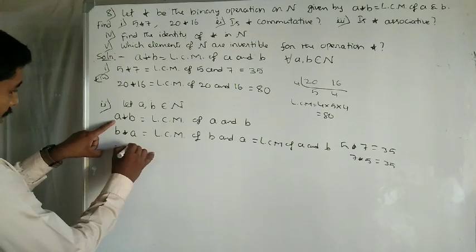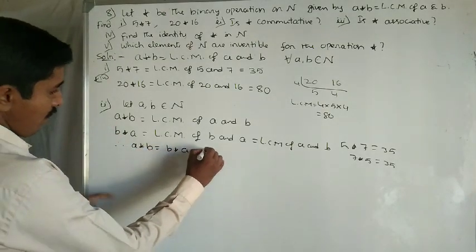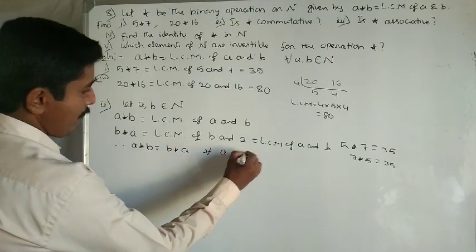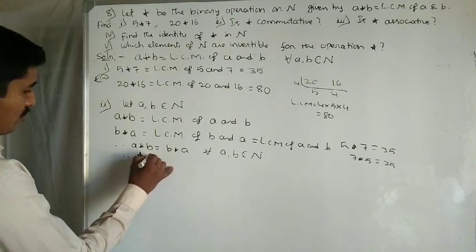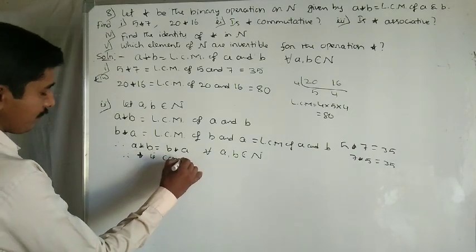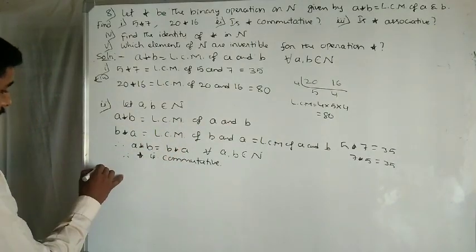Therefore A star B equal to B star A for all A, B belongs to N. Therefore, star is commutative.